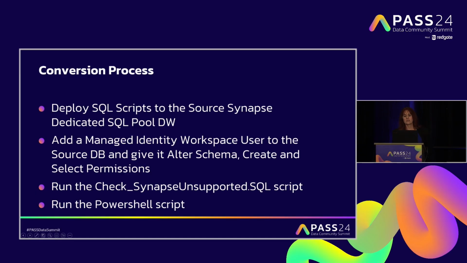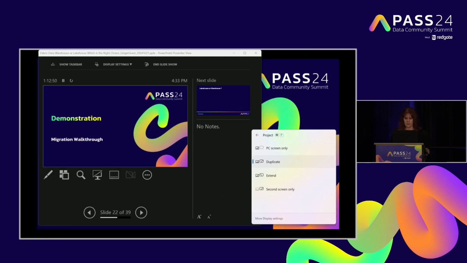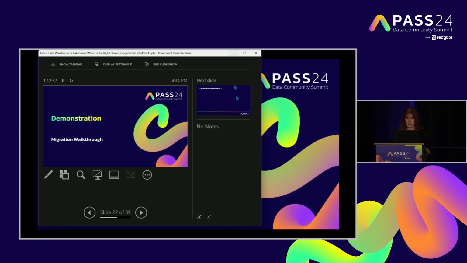And then there is a specific script, we'll take a look at the scripts in a second, called check Synapse unsupported SQL, because again, not all the SQL is supported from one to the other. Then run the PowerShell script. So let's take a look at that code so that you can see how those two different ones work.